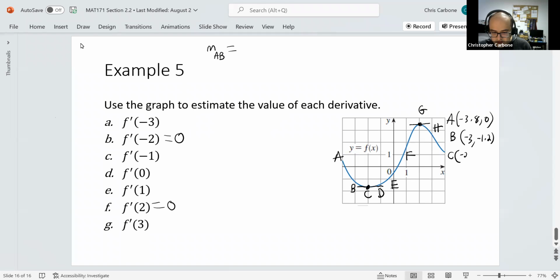C is negative 2, comma negative 1.7. D is negative 1, comma negative 1.4. E would be the point 0, comma negative 0.5.